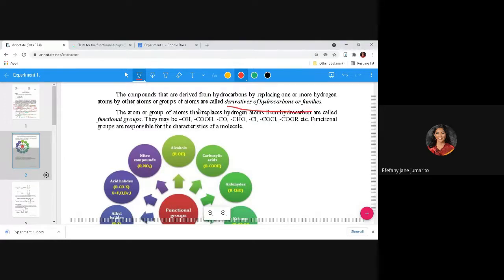We know that a hydrocarbon is composed of carbon and hydrogen. This one has H3, right? We know there is H here.